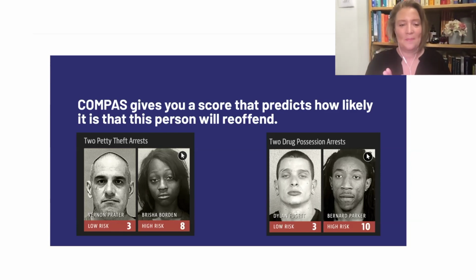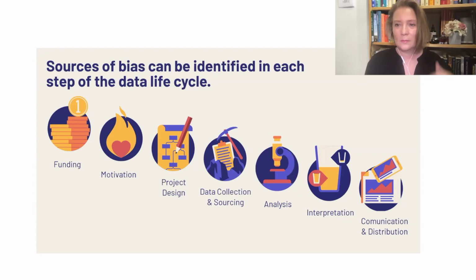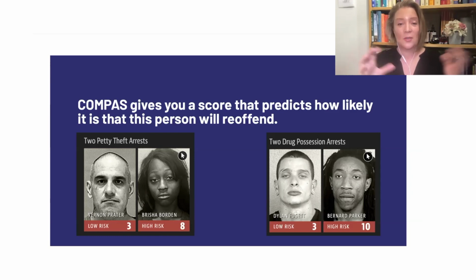There's a COMPAS algorithm, and the COMPAS algorithm gives you a score. For sure, it gives you a score. And many people put the interpretation around the COMPAS score to say that COMPAS gives you a score that predicts how likely it is that a person will reoffend. So that interpretation is extremely problematic. And you can see from just the two quick numbers that I've shown here from the ProPublica work that the color of your skin has a lot to do with the score that the COMPAS gives you.